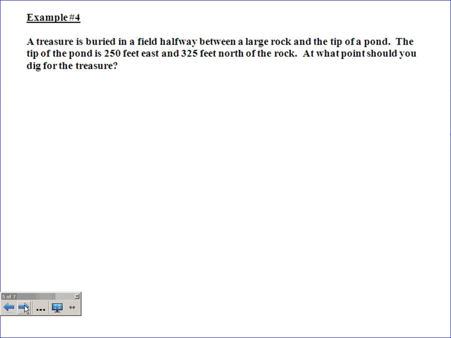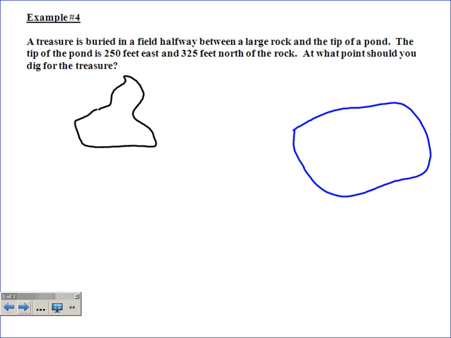Let's see. We have a large rock. That's the rock. And the tip of a pond. Well, there's not really a tip, is there? There it is. That's how it's going to work, I guess.